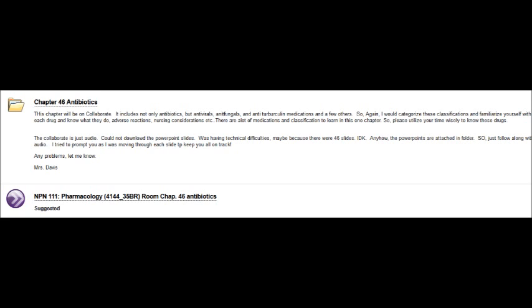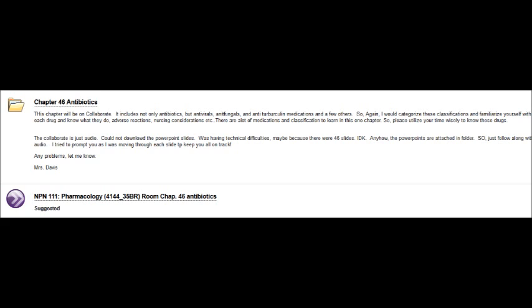Some antibiotics can also cause what we call ototoxicity, which is damage to the 8th cranial nerve, especially with the aminoglycoside antibiotics, which are your streptomycin, gentamicin, tobramycin. And it affects that 8th cranial nerve, which can lead to hearing loss. So some of the symptoms the patients may complain of are dizziness, tinnitus, which is ringing in the ears, as well as being unable to hear.